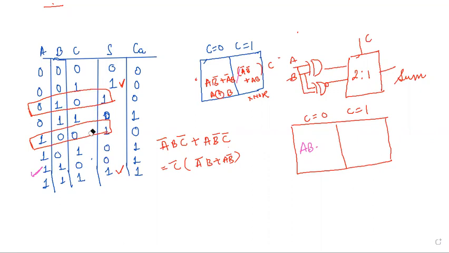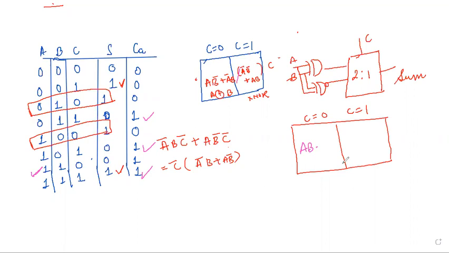There's no other term which is high in carry with C0 or C bar. Okay, next we try to find the expression for the other three terms where the value of carry is 1, corresponding to the fourth row, then the sixth and the last row.